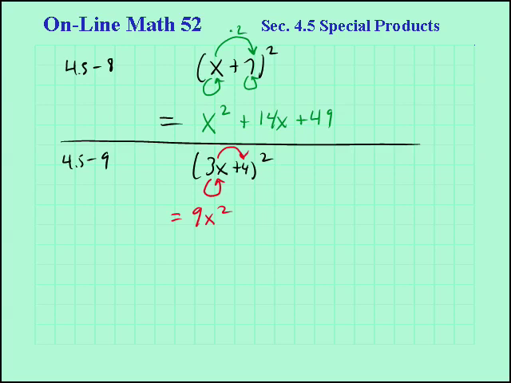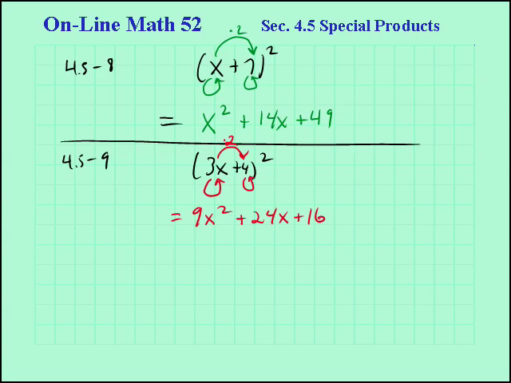The outer product is right there, and then we're going to double it. Remember, we're doubling it because the outer and inner are the same. So 3x times 4 is 12x doubled, 24x. And then the last is going to be multiplied times itself. 4 times 4 is a positive 16.